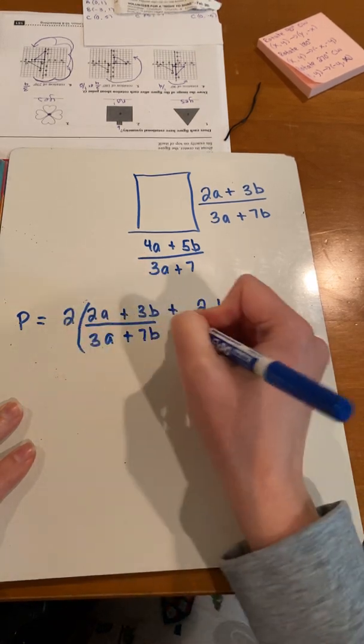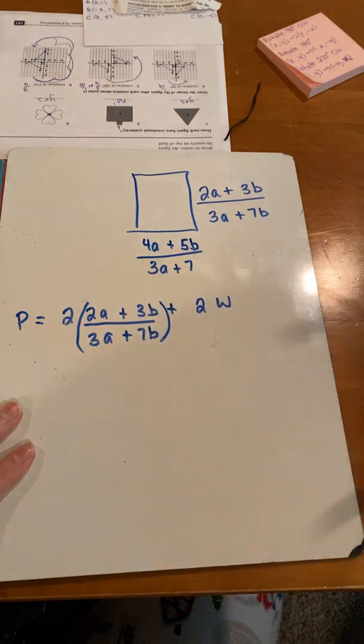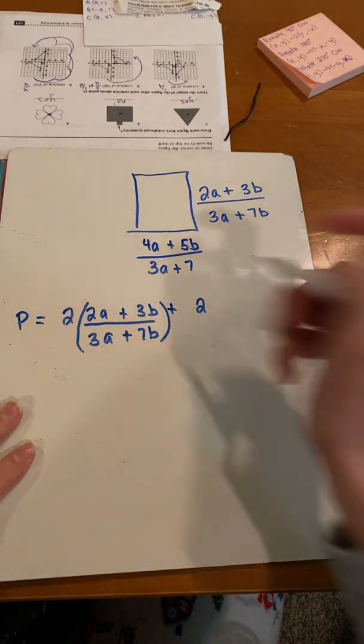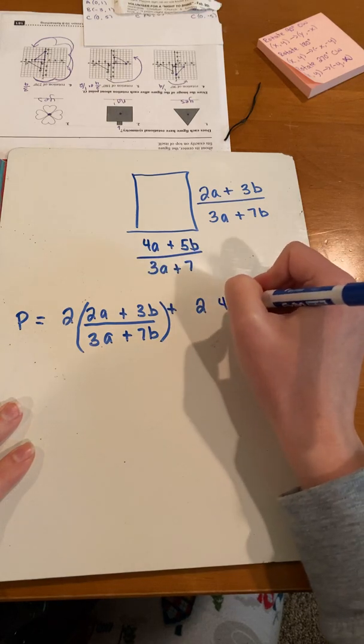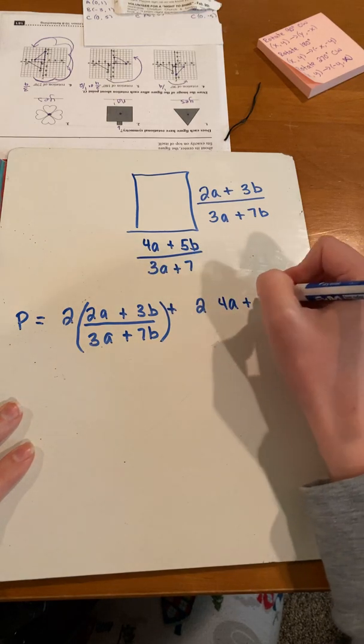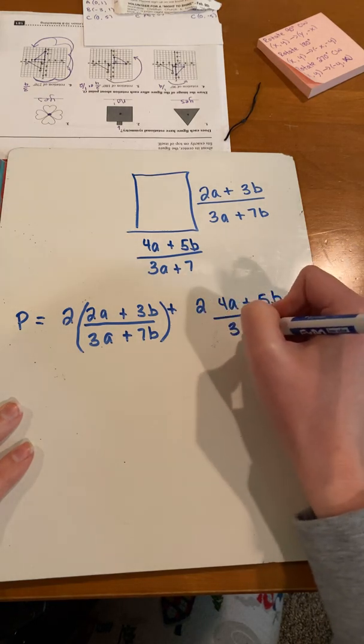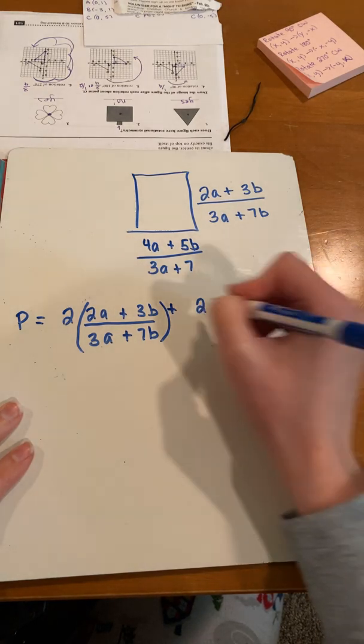Put it in parentheses so we can see the separation. Plus twice our width, when our width is 4a plus 5b over 3a plus 7b.